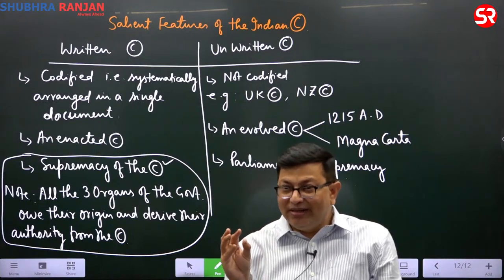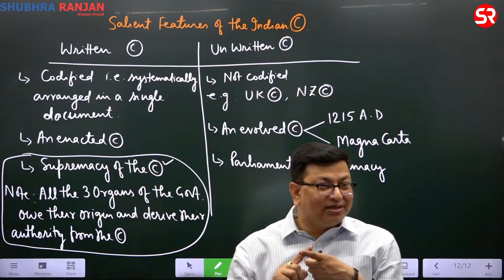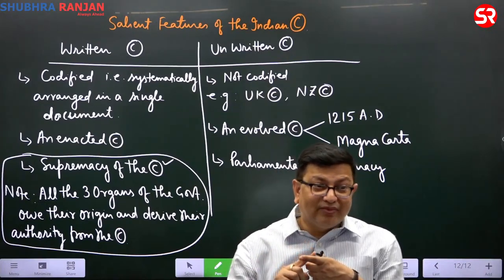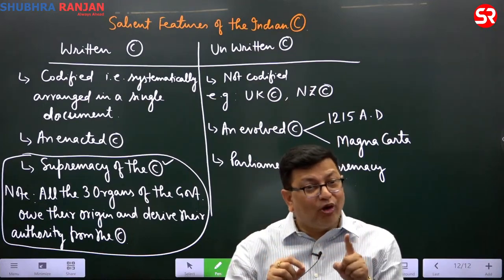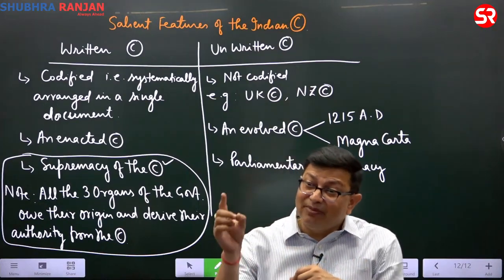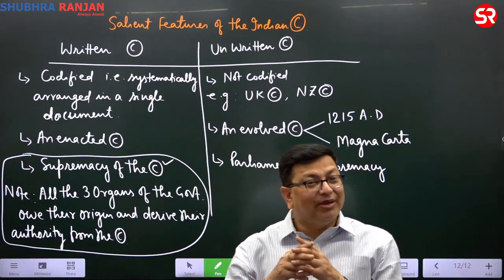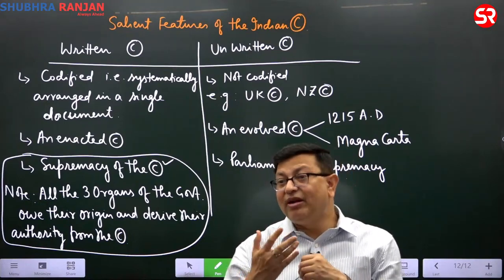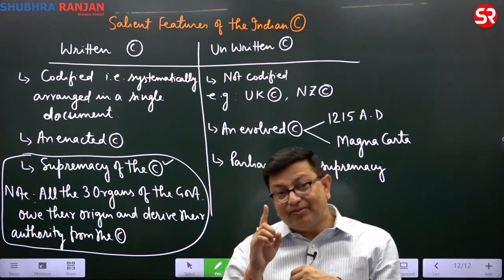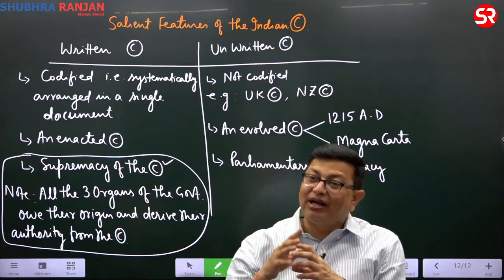And not only this, it has to make laws in accordance with the constitution, and it will have to follow the process which has been mentioned in the constitution. That is another thing, because how the laws will be made, how the constitution will be amended, everything has been mentioned in the constitution. That has to be followed by the parliament.